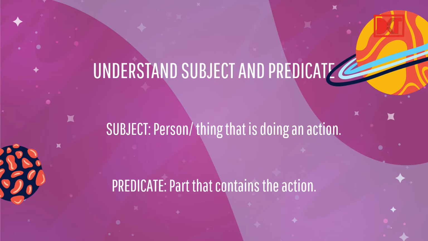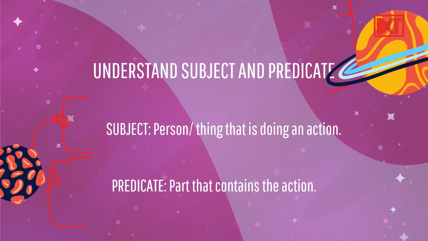Okay, so for solving the jumbled sentences which I showed you in the previous slide, what you have to do is first understand the subject and predicate. Now, subject is the person or thing that is doing an action, and predicate is the part that contains the action, which means the subject is something or someone which is performing the predicate.